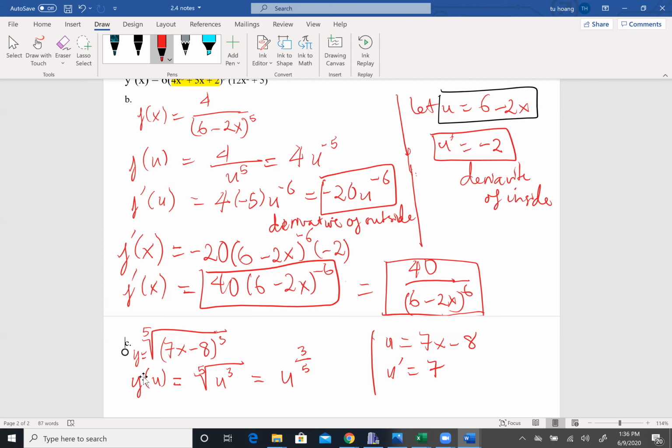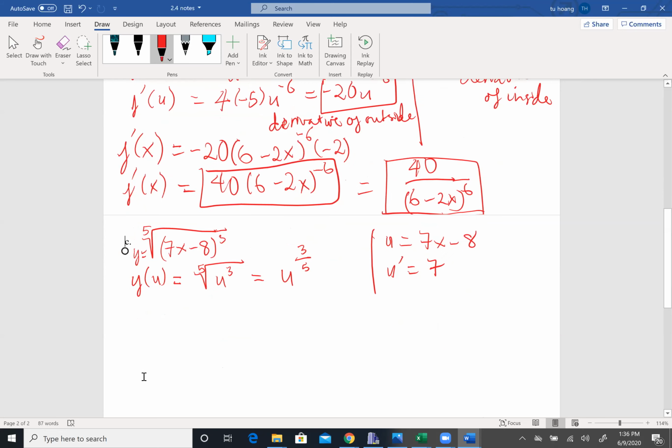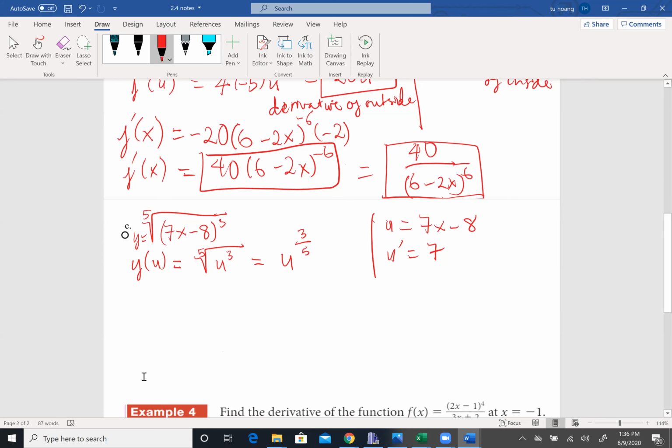Now I have y as a function of u. I would like to take the derivative of the outside function here. So I have y derivative with respect to u equal to 3/5. I put 3/5 out here, multiply with u, and then I'm going to have 3/5 minus 1.